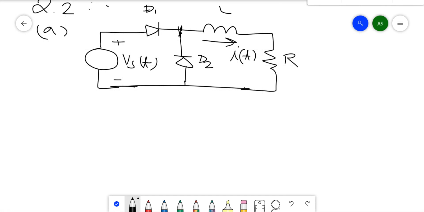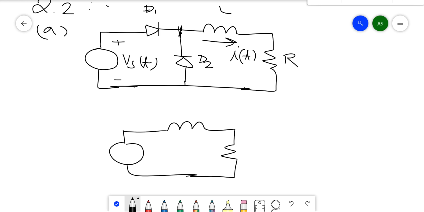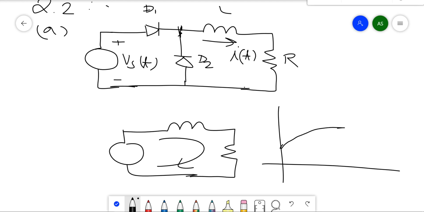So the circuit will be like this. From the moment that diode D1 is forward biased, the current I will start increasing, and the shape of the current I will be somewhat like this.